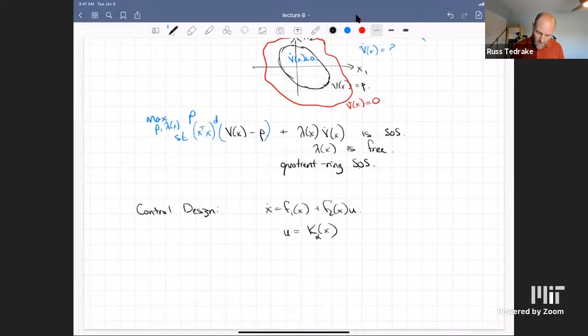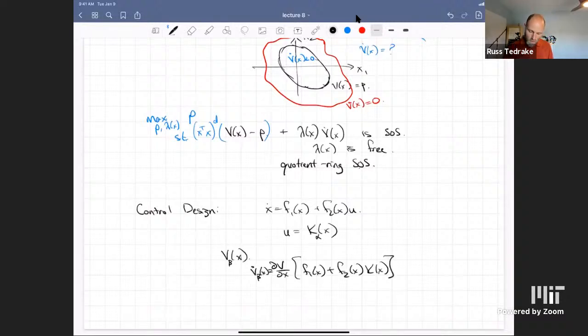If I have some candidate function v, which has maybe some other parameters, and I start looking at v dot, partial v partial x times f1 of x plus f2 of x k of x, then you can see again almost right away that the coefficients of these two things we care about multiply.